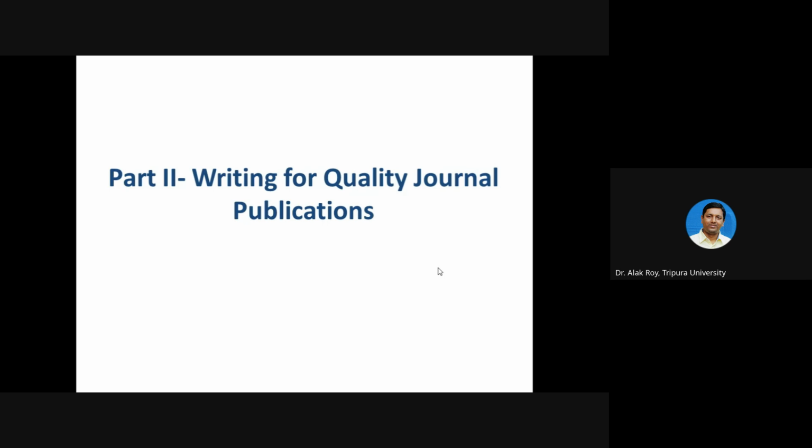So in the first part, I tried to give you a glimpse about journals. Believe me, the more days are coming, the more this selection of journals is going to be complex, because everybody is trying to find some commercialization. And you will be amazed to know that this commercialization is more in India, China, Iran, and that belt, Saudi Arabia, Iran.